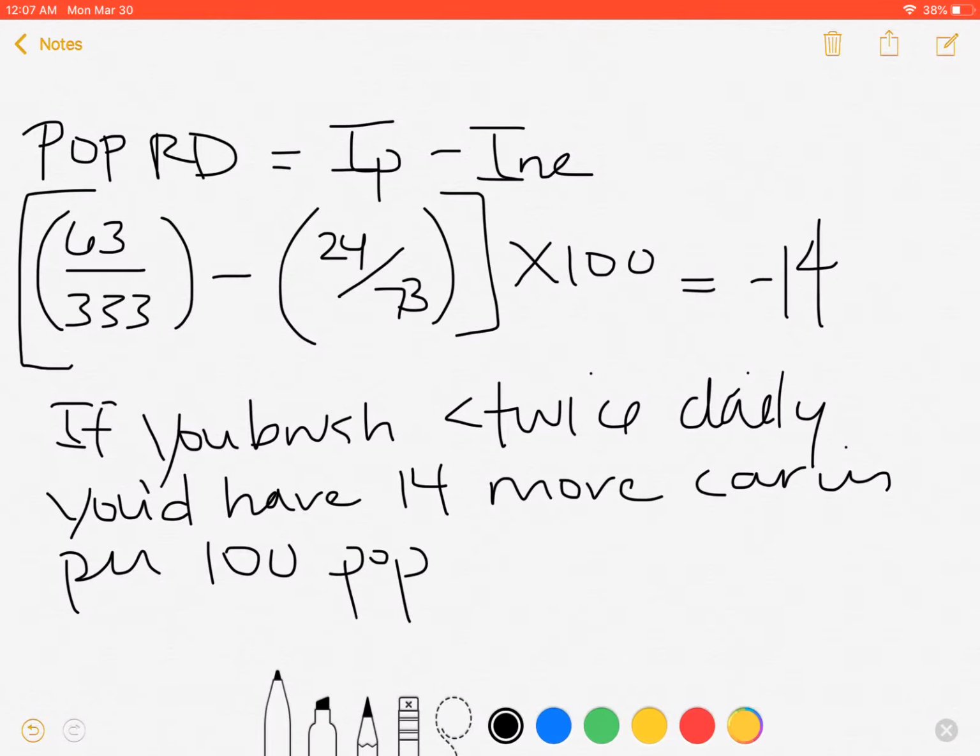So if we eliminate the exposure of brushing twice daily, we're going to have 14 more caries per 100 pop. That's what it means when you have a negative number for the pop RD. That if you eliminate the exposure, you're going to have more of the health outcome. And that makes sense because it protects you from getting the health outcome.